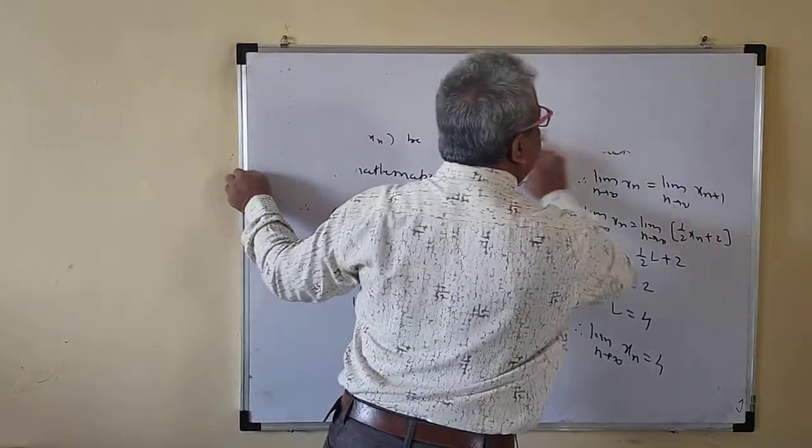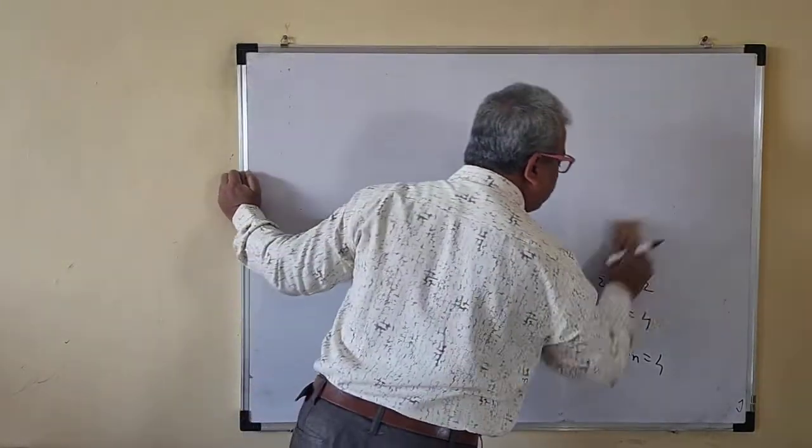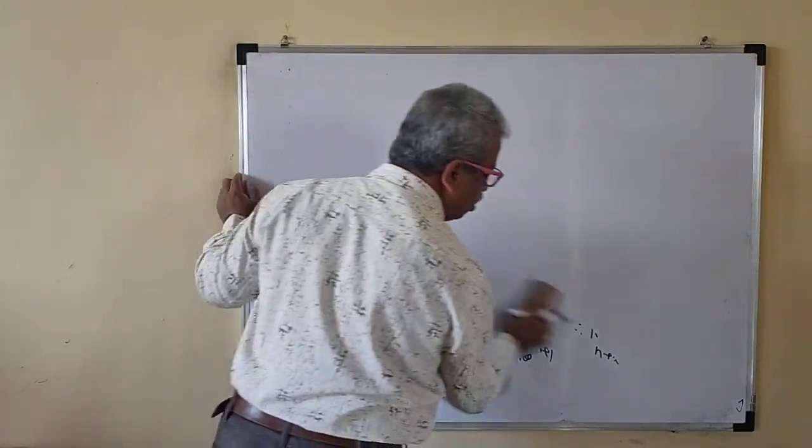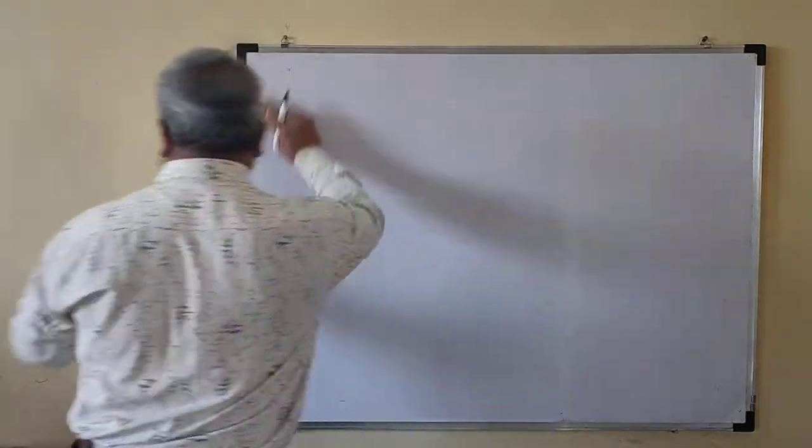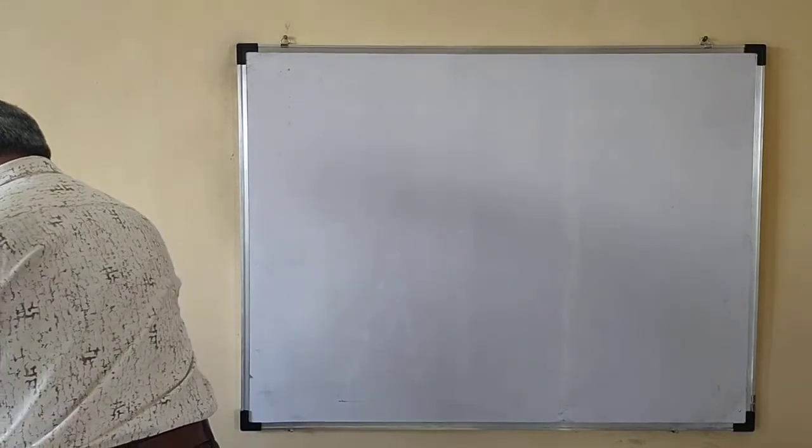Okay. So now the problem is over now. So we'll take one more problem so that you will understand how to do this. Okay. So we'll take a second problem.